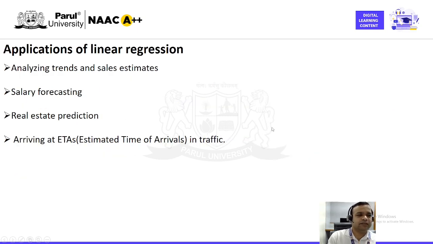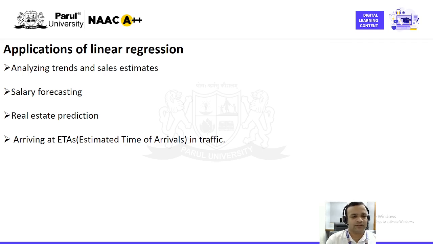There are also some applications of linear regression. We already discussed these: analyzing trends and sales estimates, salary forecasting, real estate prediction, and arriving at ETA, which means estimated time of arrival in traffic. For example, I think everyone knows the Where Is My Train application.